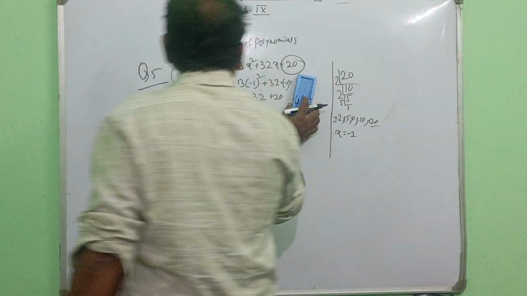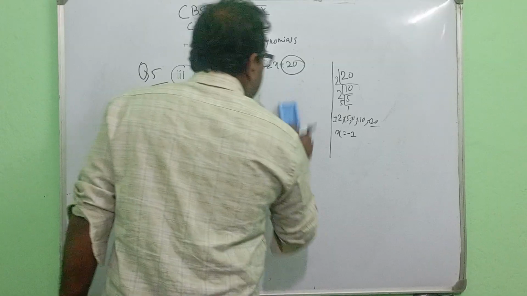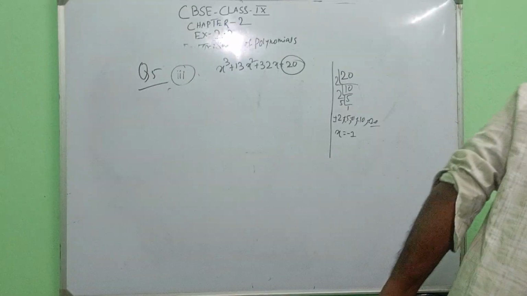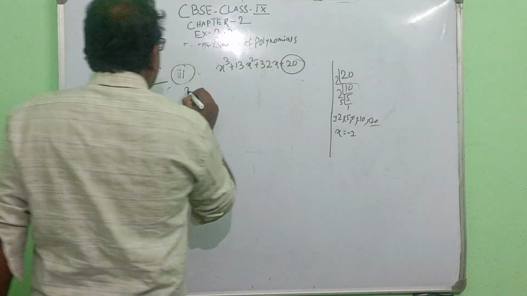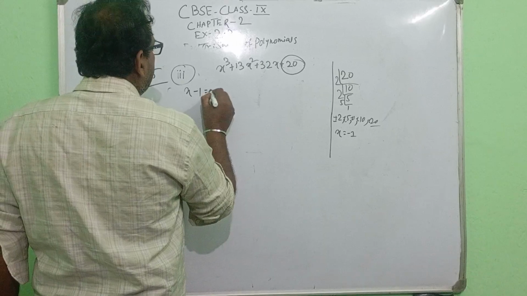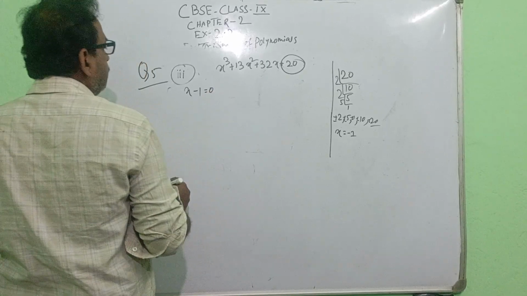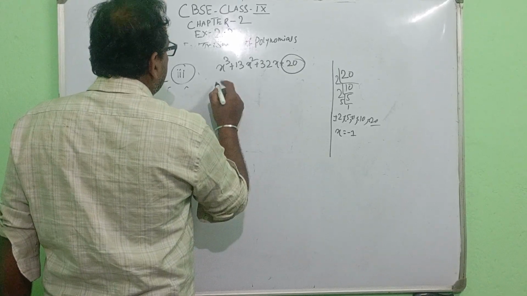Now how do we consider these things? This is what we write: x plus 1 is equal to 0, sorry.